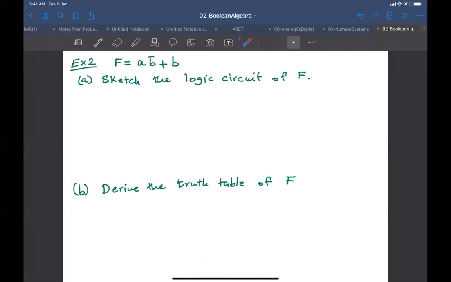So how do we proceed? First of all, from the precedence rules, we know that the OR is going to be computed last. So whatever the result of this is going to be ORed with B, and this is going to be F. So we know that there is an OR at the end here.